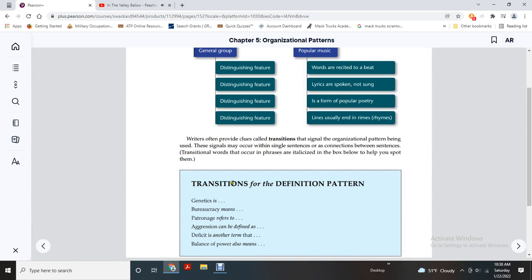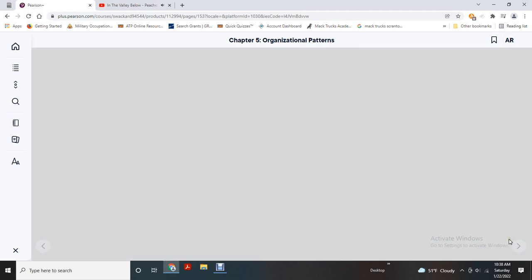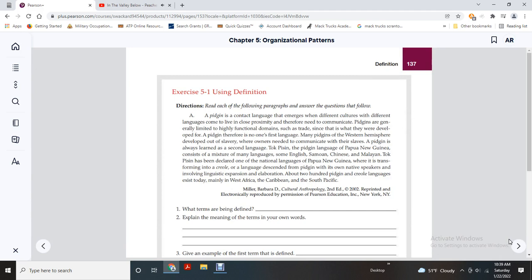Transitions for the definition pattern: is, means, refers to, can be defined as, another term, and also means. Those are transitions for a definition pattern: is, means, refers to, can be defined as, another term, and also means. Alright, definition. Read the following paragraphs and answer the questions.